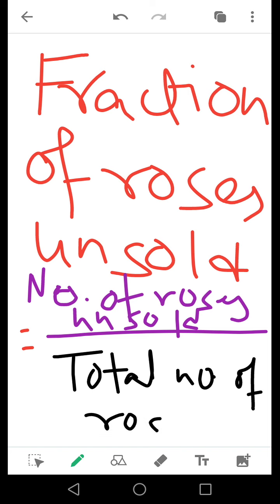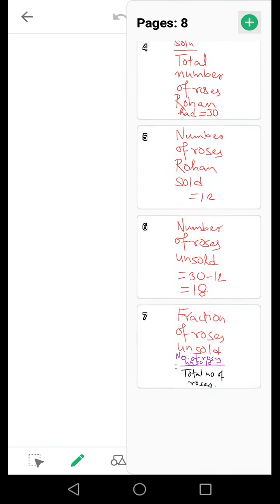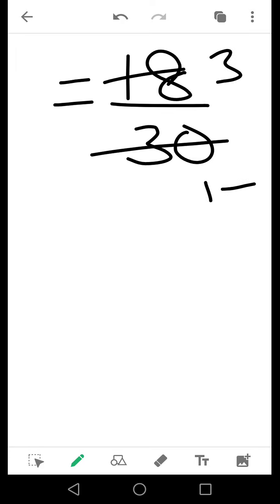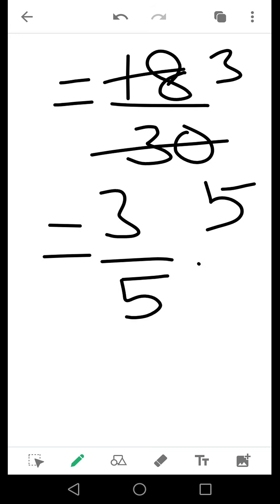The formula turns out to be number of roses unsold divided by total number of roses. This formula usually changes depending on the sum. Now number of roses unsold is 18 and total number of roses is 30. See that the common factor is 6. You cancel them. Then you will get 3 in the numerator and 5 in the denominator. That means the fraction turns out to be 3 by 5.